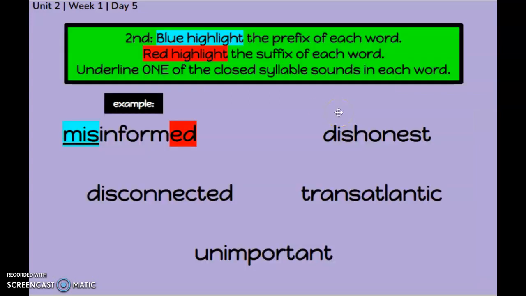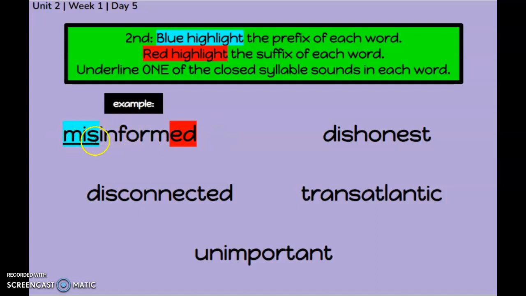During your slide, you're going to blue highlight the prefix of each word and red highlight the suffix of each word. Then you're going to underline one of the closed syllable sounds in each word. So in this example, misinformed.